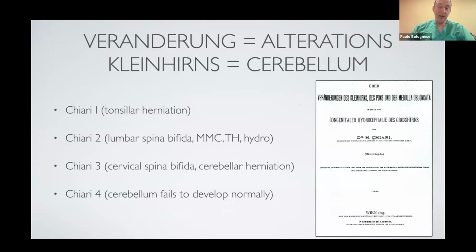But then he started seeing the same finding in people who did not have these problems, and he started seeing different anatomical variations. From a pathological standpoint, he divided these into 4 recurrent patterns, the 4 Chiari malformations. Incidentally, these Chiari malformations have nothing to do with each other from a pathophysiological standpoint.